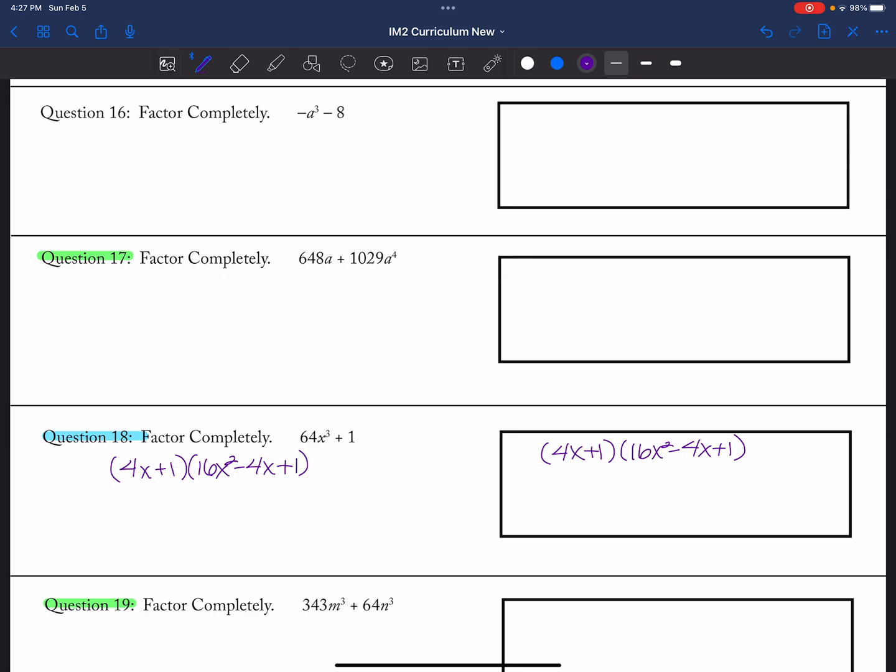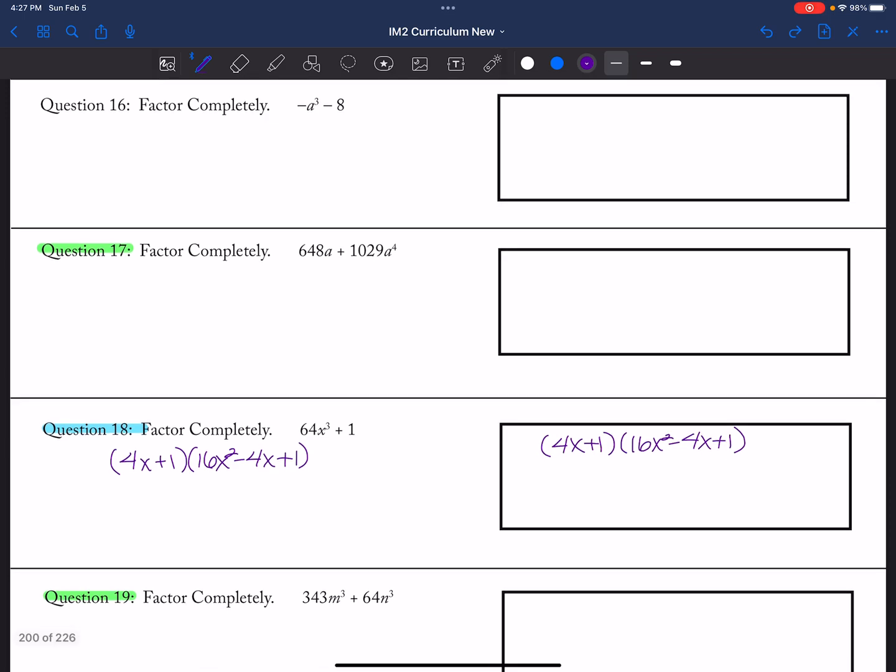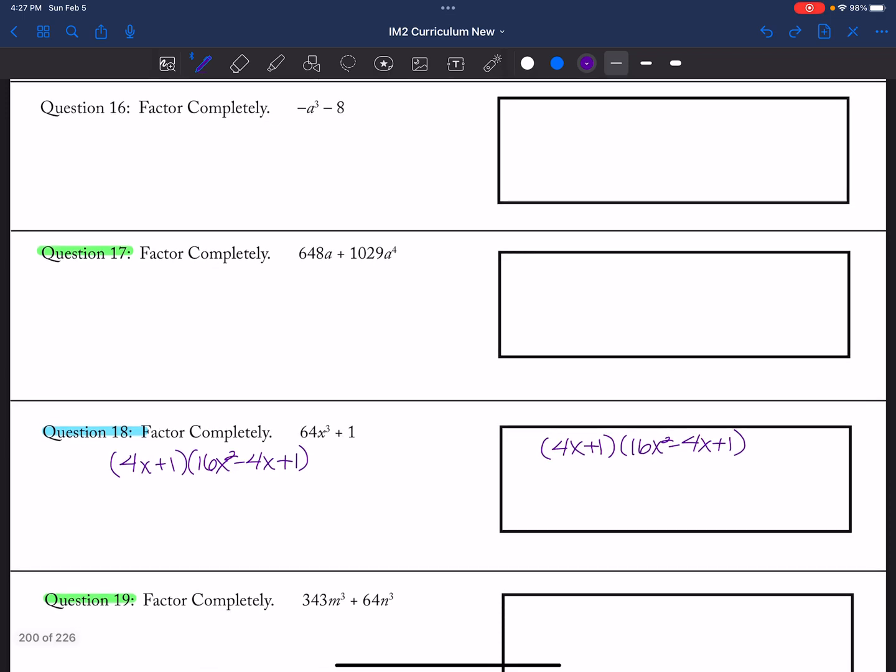648, let's see. This is divisible by 3 because all the digits add up to something that's divisible by 3. So 648 divided by 3 is 216.